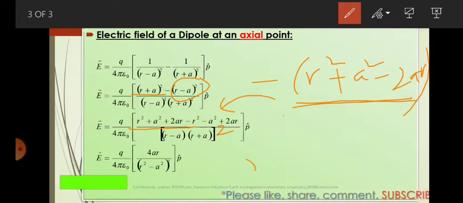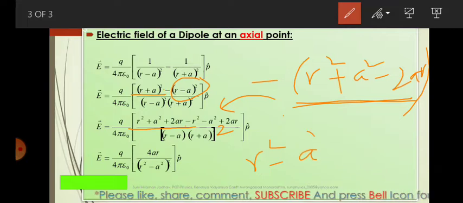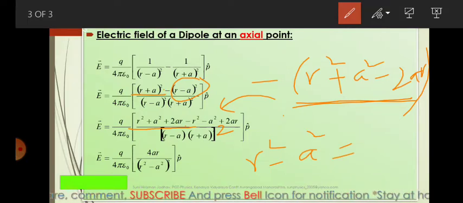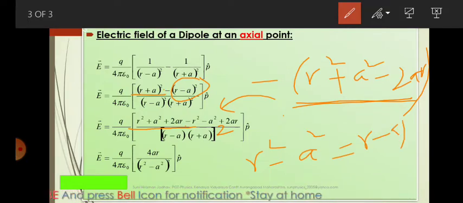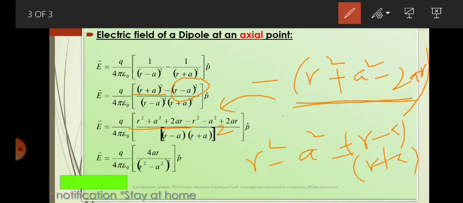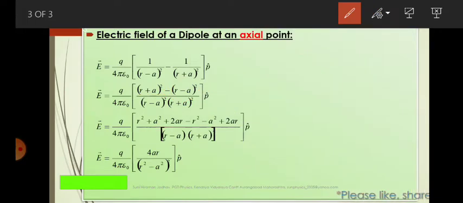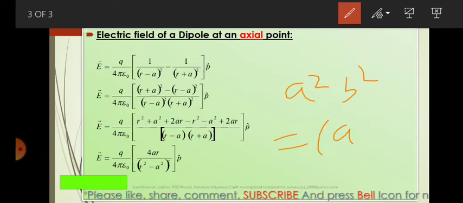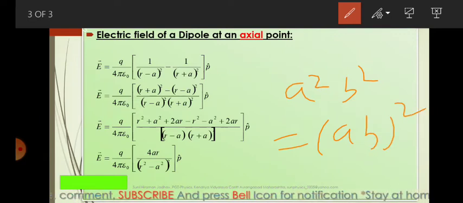We know that r square minus a square is equal to basically (r minus a) into (r plus a). That also we know, that identity. And further we know that if I am having a square into b square, I can write it as (ab) whole square, right?